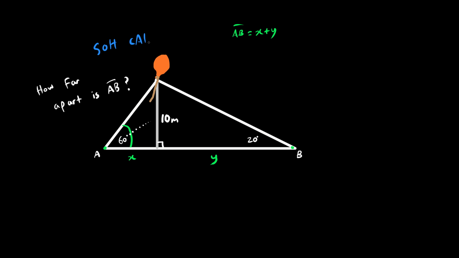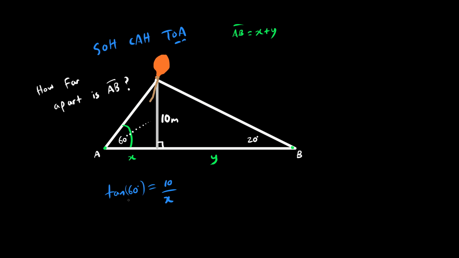SOH CAH TOA. We're dealing with tan. So tan theta, which is 60 degrees, this is the angle, is equal to the opposite, which is 10, over the adjacent, which happens to be x.